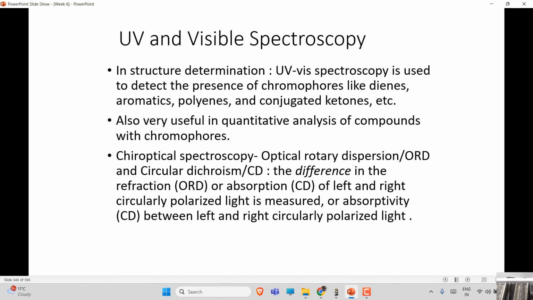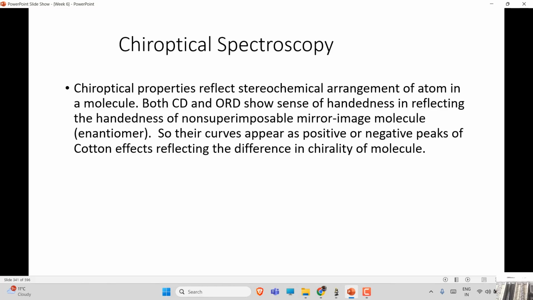If you think about chiroptical spectroscopy, optical rotatory dispersion, ORD, and circular dichroism, CD, the difference in the refraction or absorption of left and right circularly polarized light is measured. Now, what is chiroptical spectroscopy?